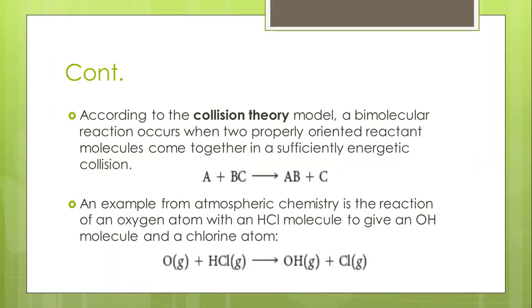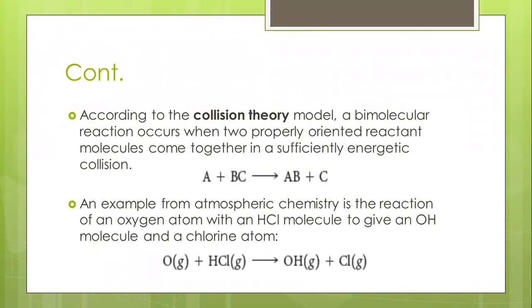To understand why reaction rate depends on temperature, we need a picture or model of how reactions take place. According to the collision theory model, a bimolecular reaction occurs when two properly oriented reactant molecules come together in a sufficiently energetic collision.